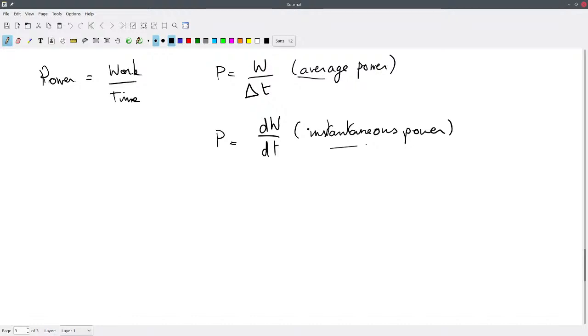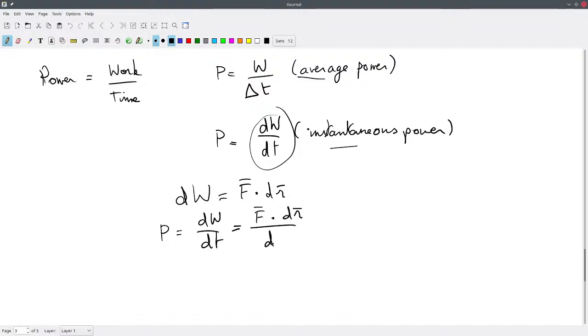If this is the derivative of the work with respect to time, and we know that the work in the case of constant forces is F·dr, and actually in the case of infinitesimal elements we can write this as an exact quantity for infinitesimal amounts of work, then the power will be dW/dt, which will be F·dr/dt, which is force times velocity.